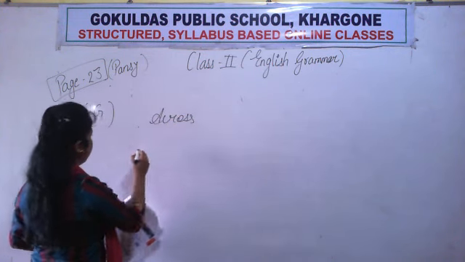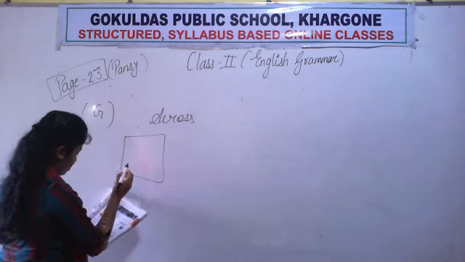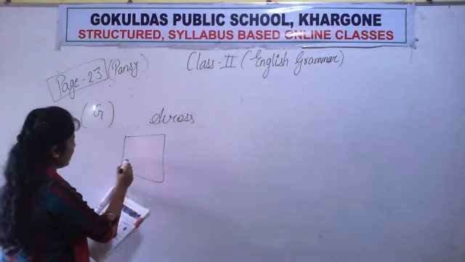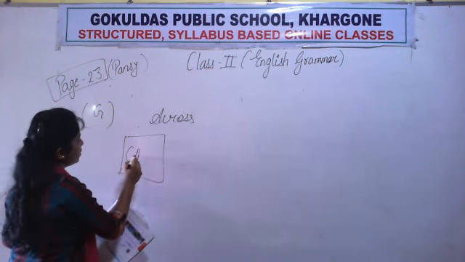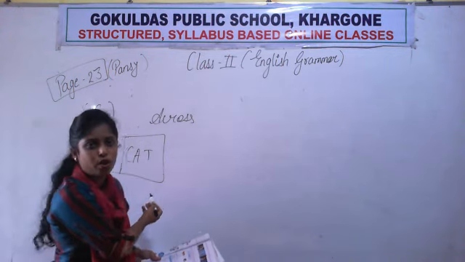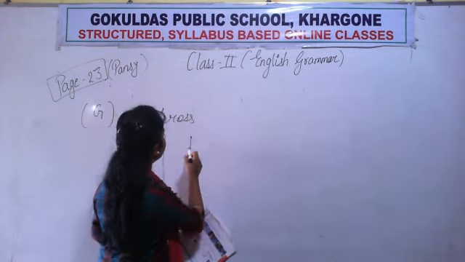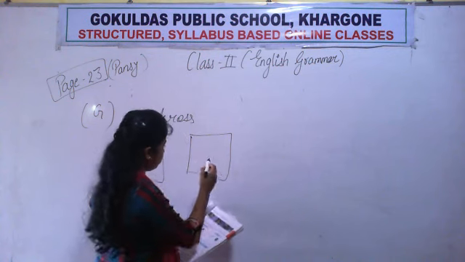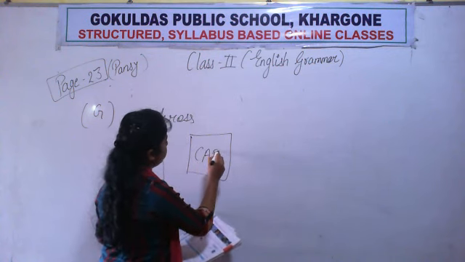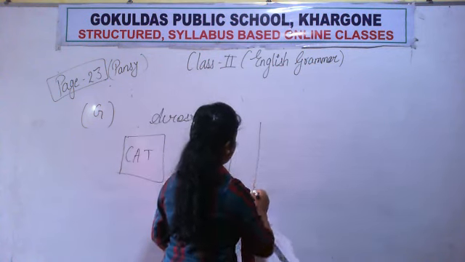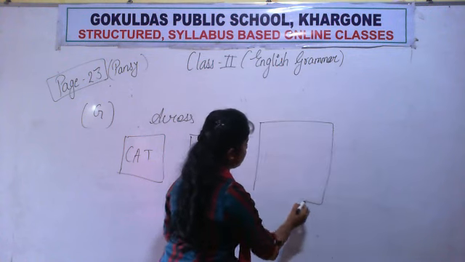Across, and there is a picture of a cat. Okay, this is the picture of a cat. I can't draw it, it will just waste time. Okay, it is there in your book, you can see it is a cat. Okay, and here is the main task that we have to do.